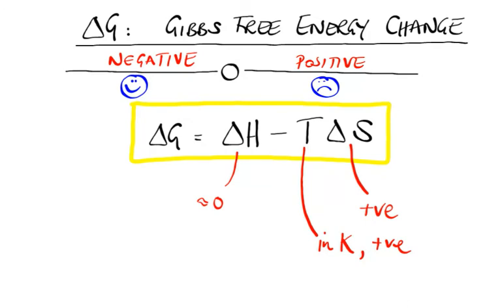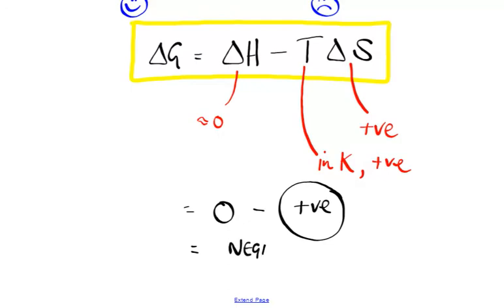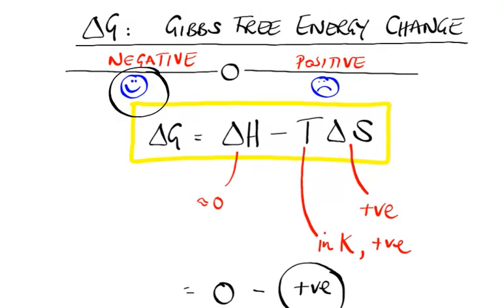So what that means for us is that we've got something which is approximately 0, take away something which is most definitely going to be positive, which means our delta G here is always going to be negative, which means our reaction will always be feasible, and hence the product is very stable.